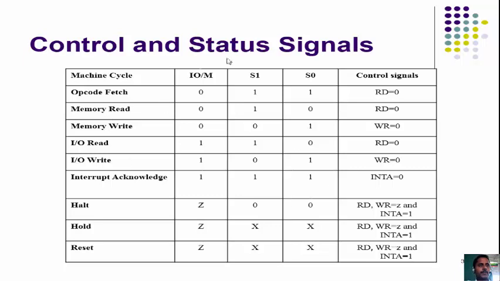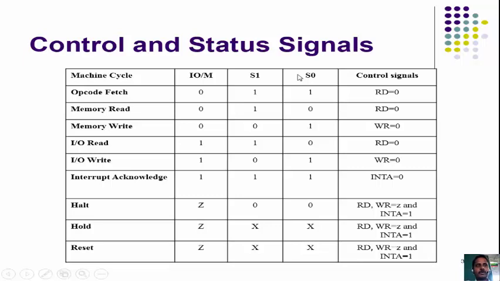So in this way, depending on the status available on the status pins S0, S1 and IO/M bar, we can check the operation running with the microprocessor.